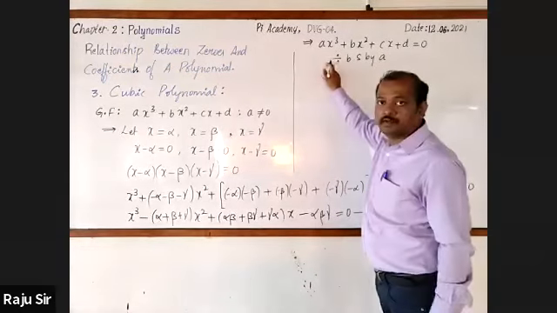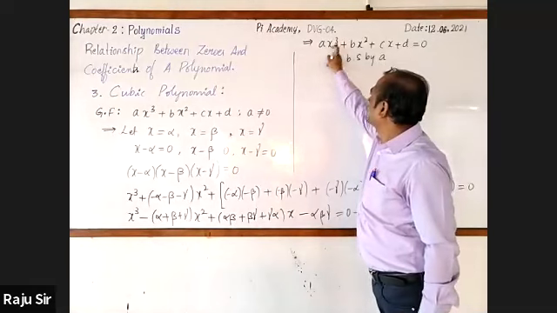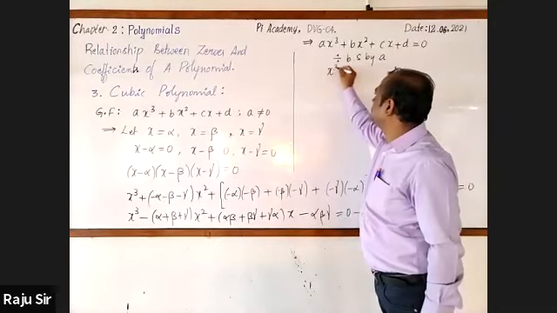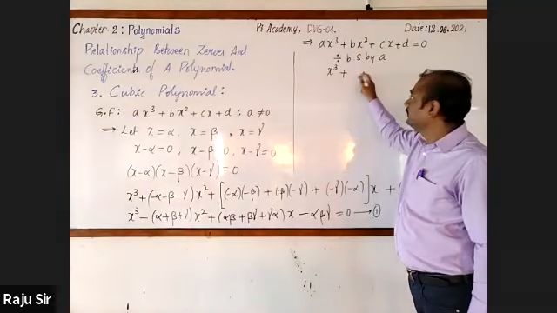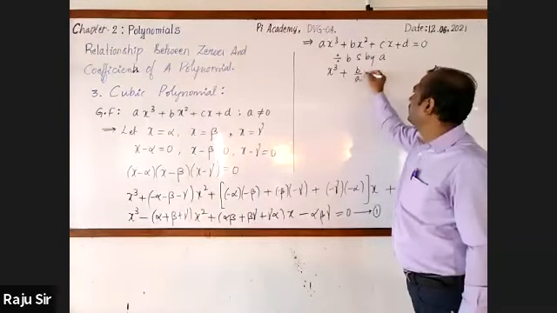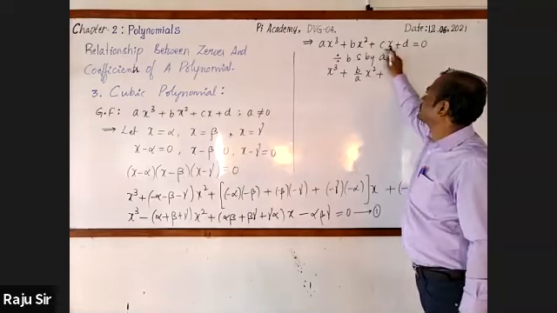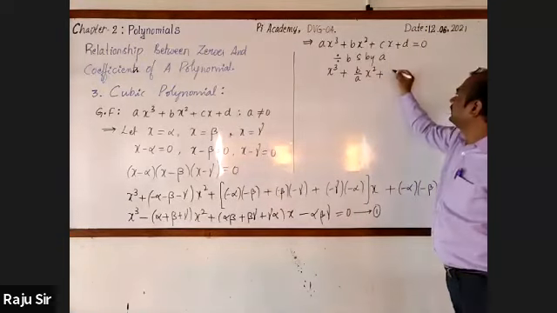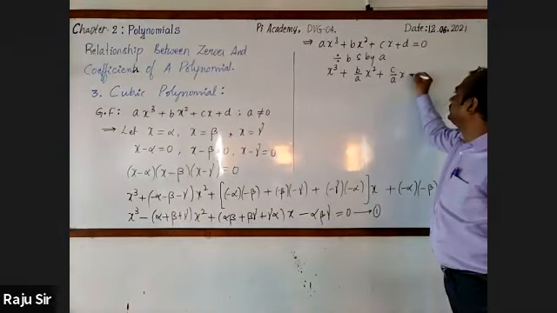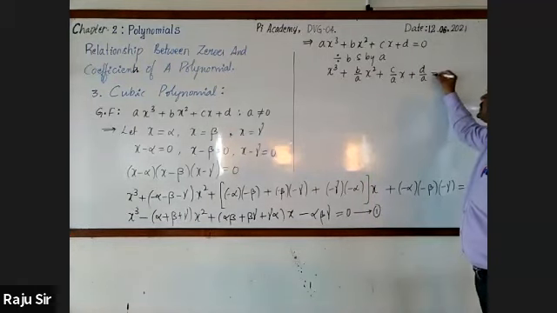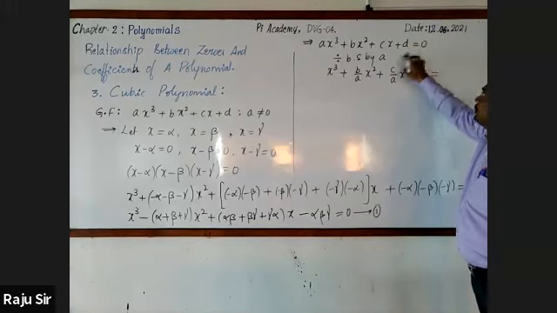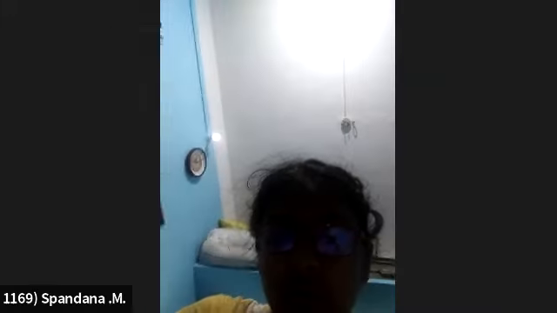Observe and write. It will be ax cube by a is just x cube, bx square by a is b by a x square plus cx by a, it is c by a into x plus d by a, which is equal to 0 by a, which is nothing but 0. Call it as equation 2.